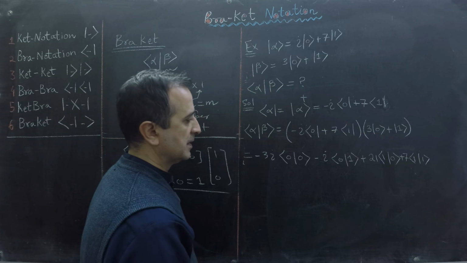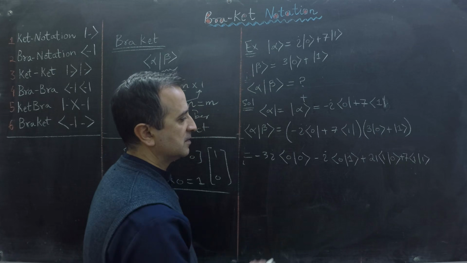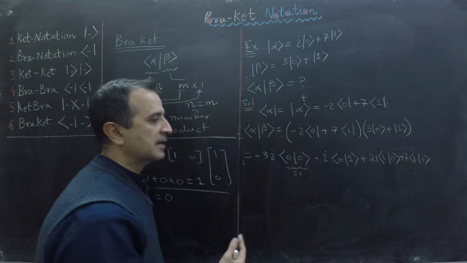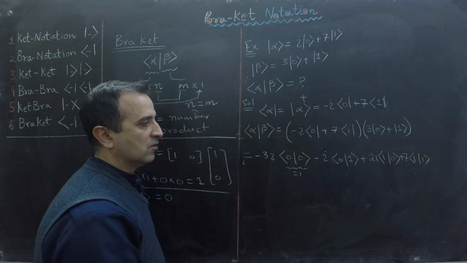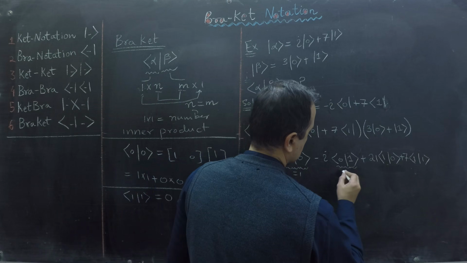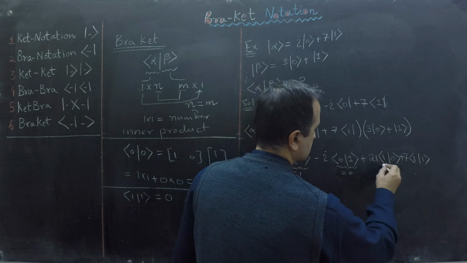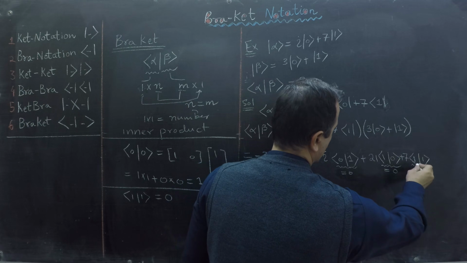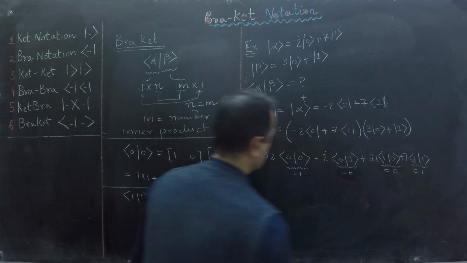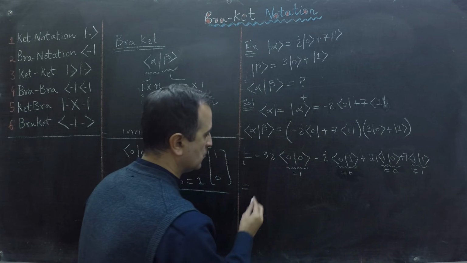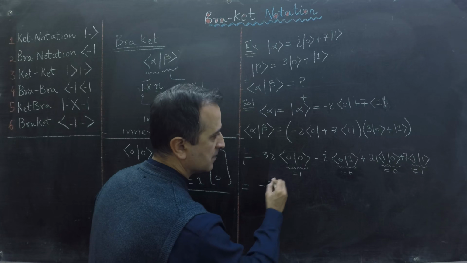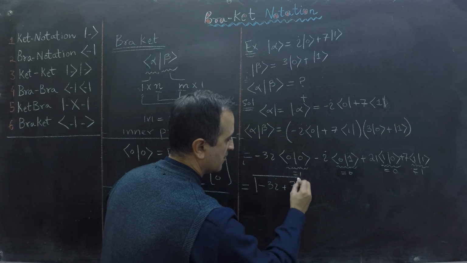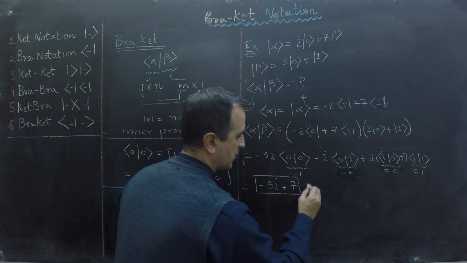Now recall that ket 0 was a unit vector, therefore this will be equal to 1. And ket 1 and ket 0 were orthogonal to each other, so this will be equal to 0 and this will also be equal to 0. Finally, ket 1 is a unit vector, so this will be equal to 1. Hence, this whole expression simplifies to minus 3 iota plus 7. And that's my final answer. This is my inner product.